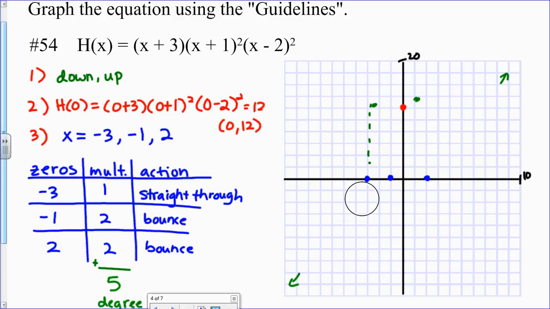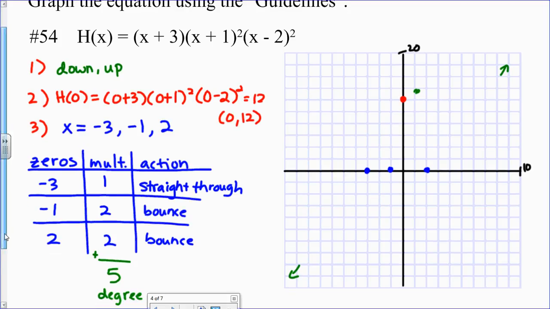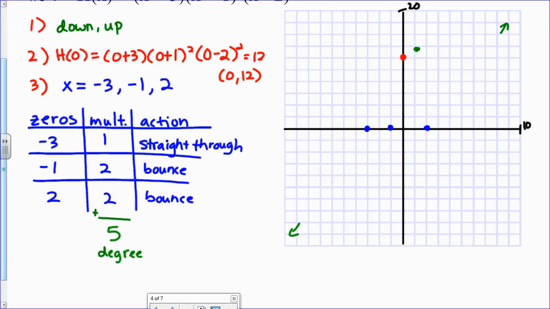So if we just calculate those real quickly, just so we get a good idea. So halfway between -1 and -3 would be -2. So you plug in -2, and I believe we get 16.